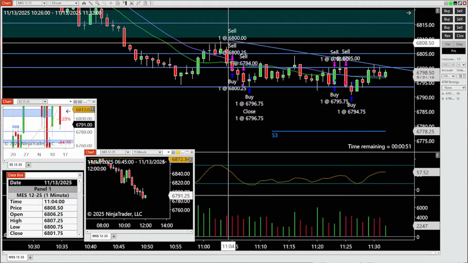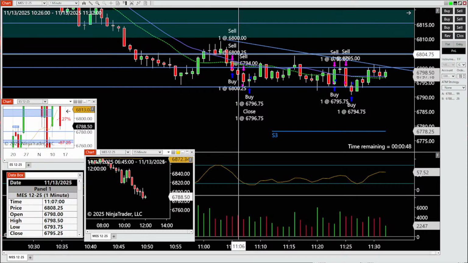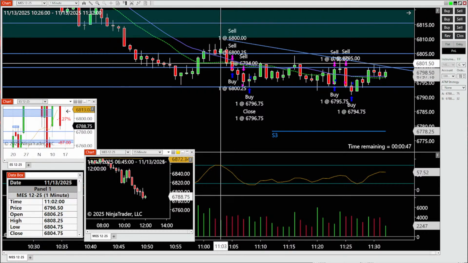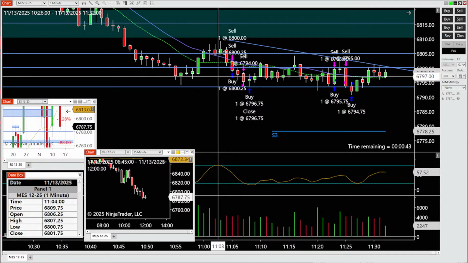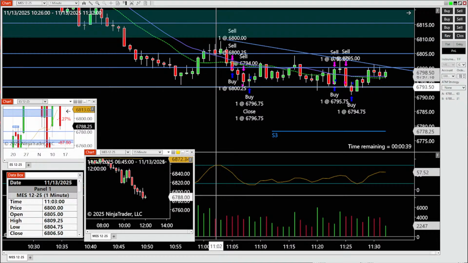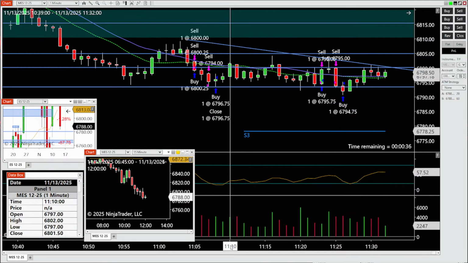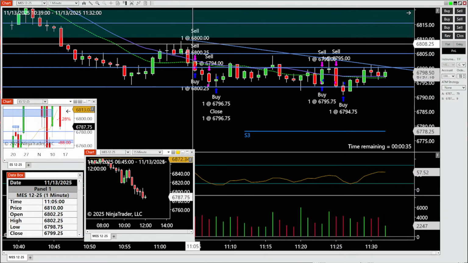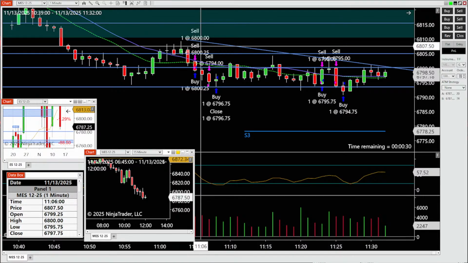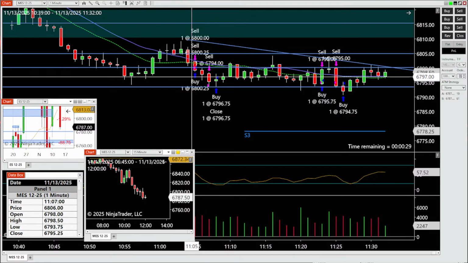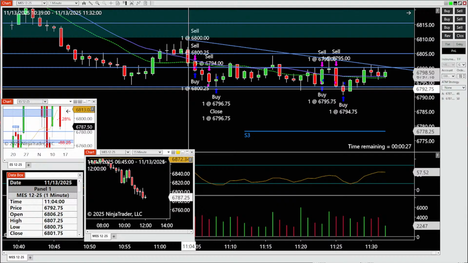And I was looking at the round number of 68, that psychological number. So I sold at 68. I know I added something somewhere, but it doesn't tell you where you got in first or second. I bought back at 68.25.